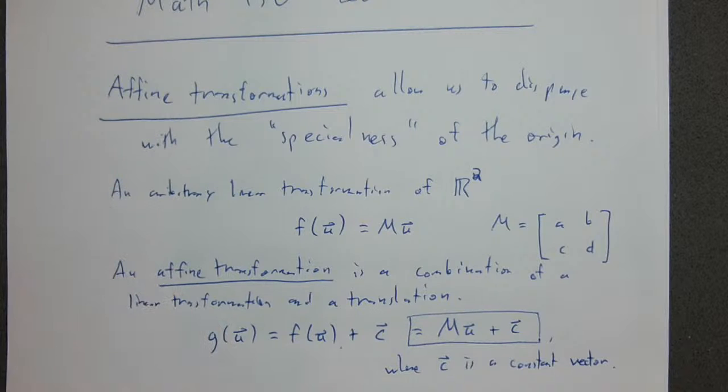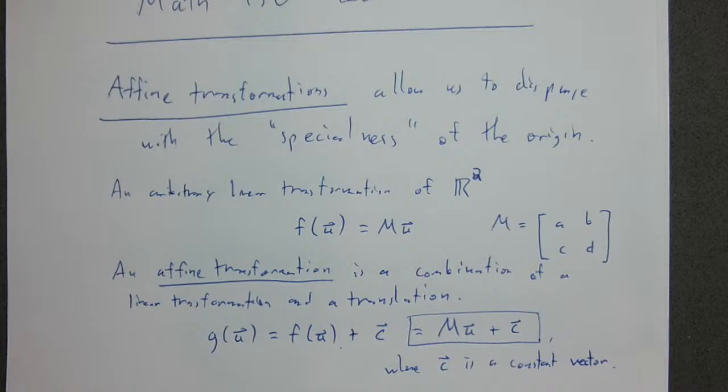What do translations add? When I add translations to the group of transformations that I'm thinking about, the only issue is that if I add in more transformations, I have to worry about whether those extra transformations preserve the same things. Well, translations preserve everything that I care about.